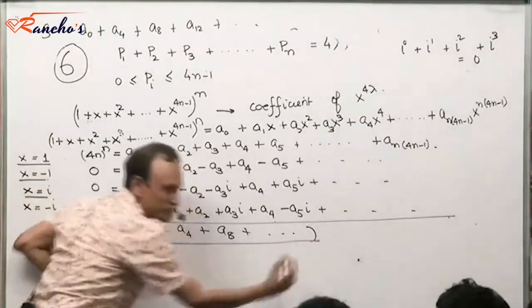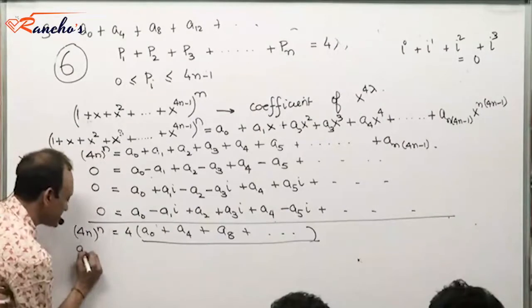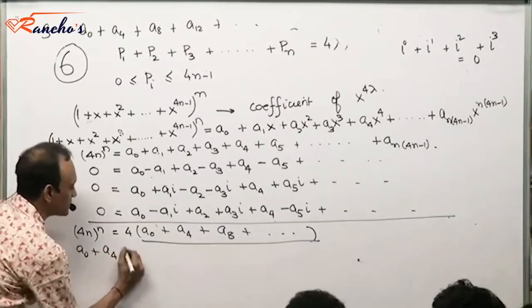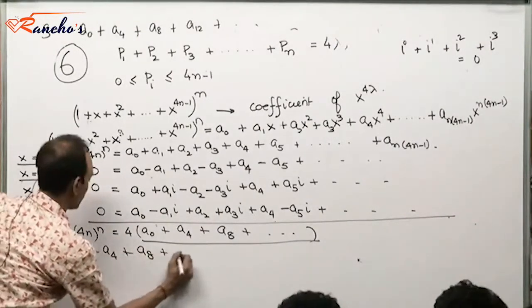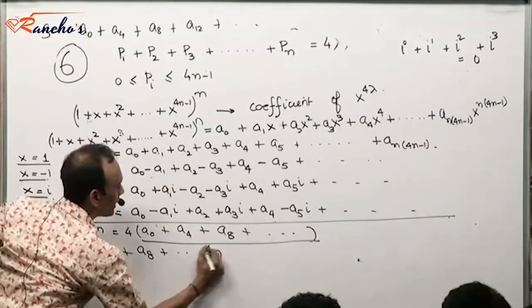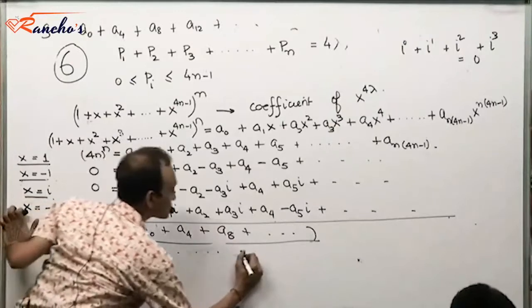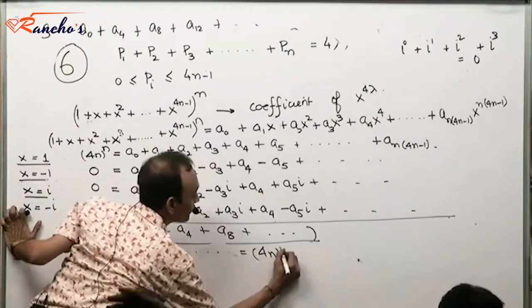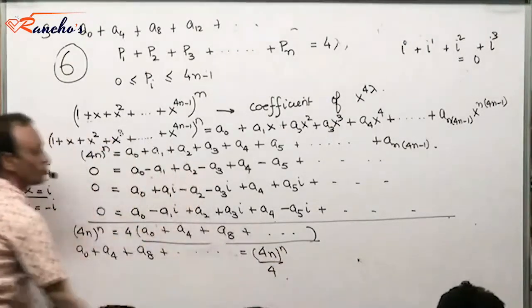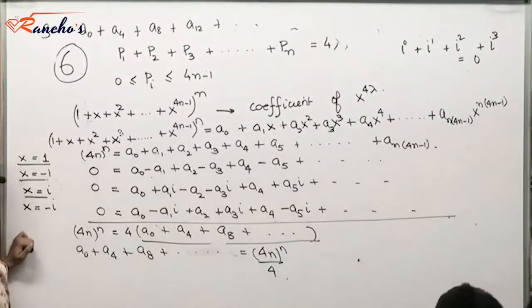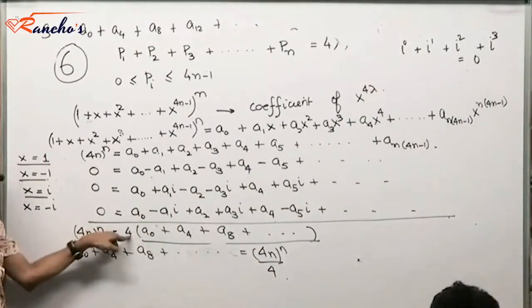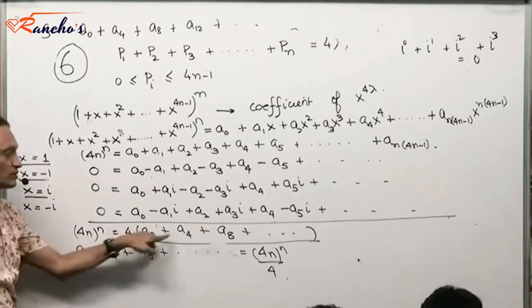This is the sum that we are interested in, right? And this sum a0 plus a4 plus a8 etc. is (4n) to the power n divided by 4.